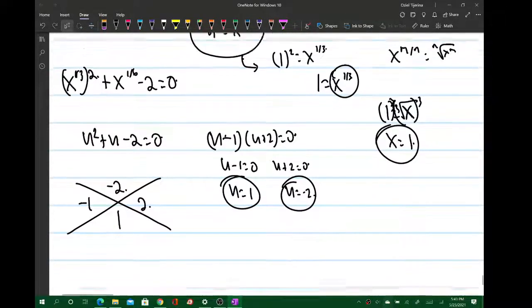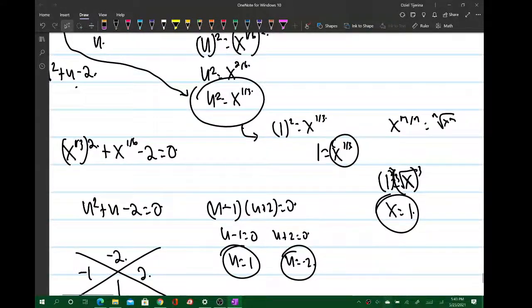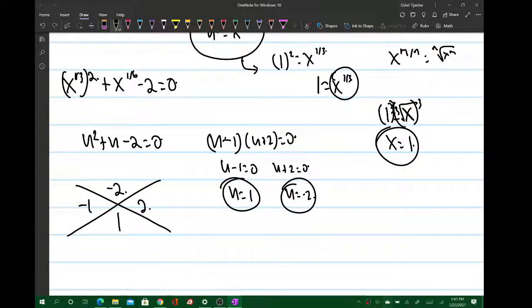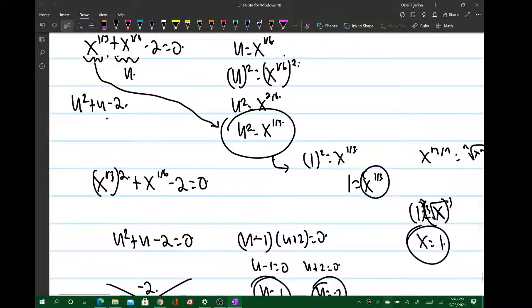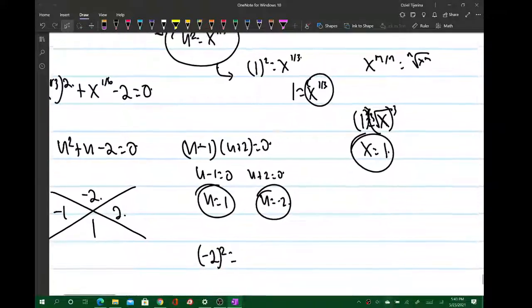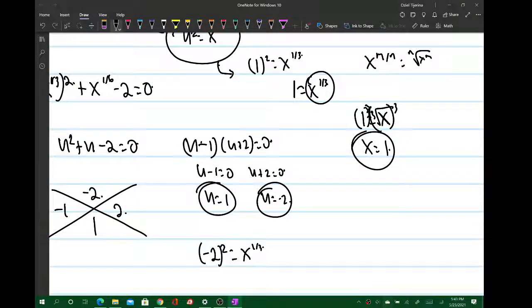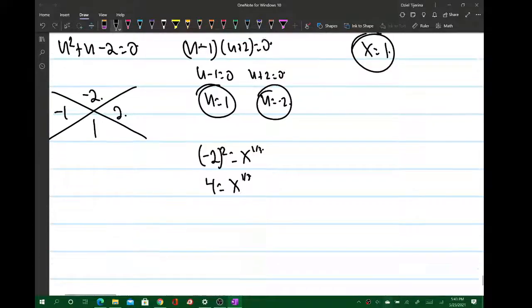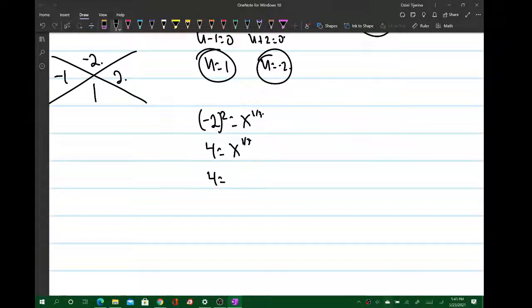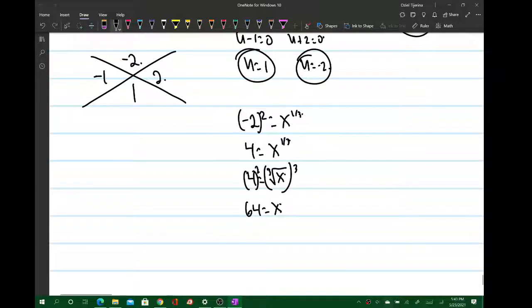And then we also have the following: negative 2 quantity squared equals x to the 1/3 power. So we can say that 4 equals x to the 1/3 power. That means that 4 equals the cube root of x. So cubing both sides, we get that 64 equals x, right?